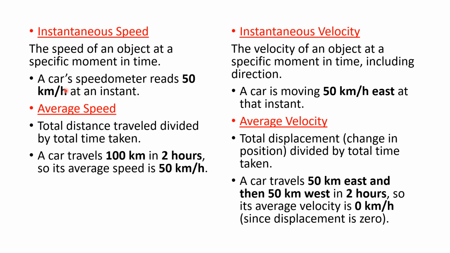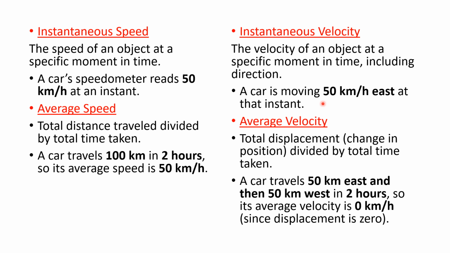Another example, a car speedometer reads 50 km per hour at an instant. That means the speed at a specific moment. What about instantaneous velocity? It is the velocity of an object at a specific moment in time, including the direction. A car is moving 50 km per hour east at that instant.